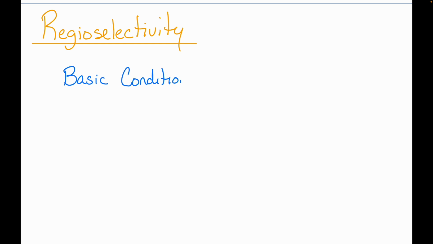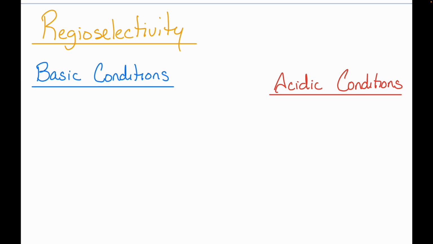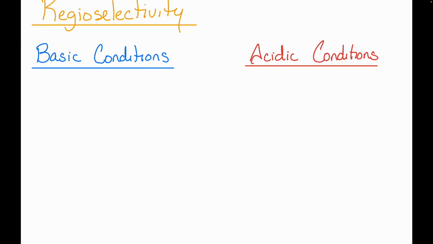So basic conditions, we're going to see one rule for regioselectivity. Acidic conditions, we're going to see another rule. I'm going to leave some space up here at the top for these two. There's going to be a pretty simple rule that we're going to fill in, but let's see if we can reason what that is, looking at some more complicated epoxides.